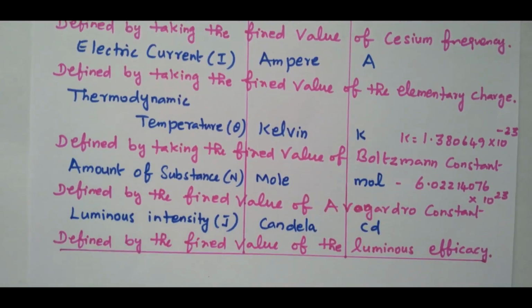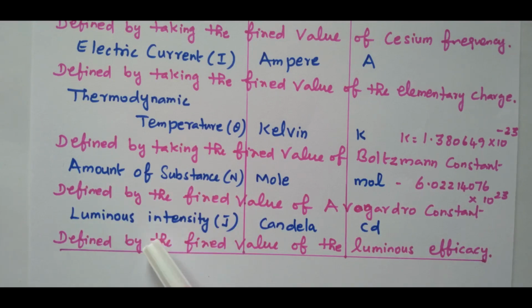The next one is amount of substance. The unit is mole, symbol is mol. How is it defined? Fixed value of the Avogadro constant. So this Avogadro constant will define the amount of substance. Then luminous intensity.